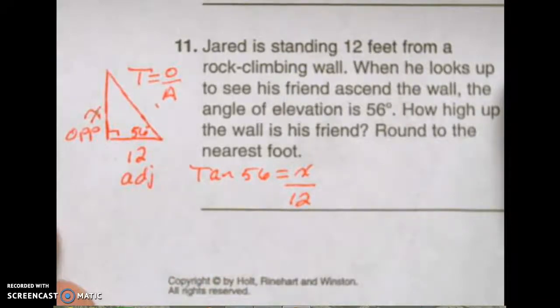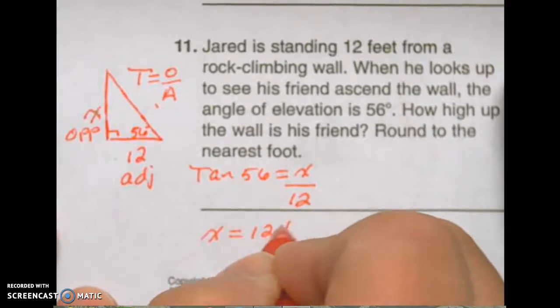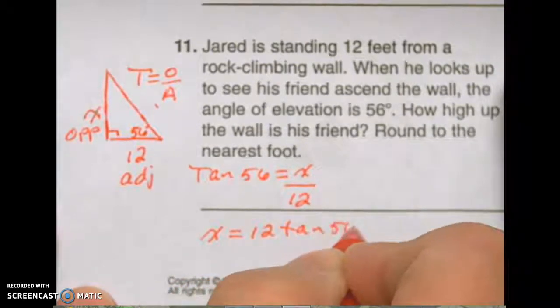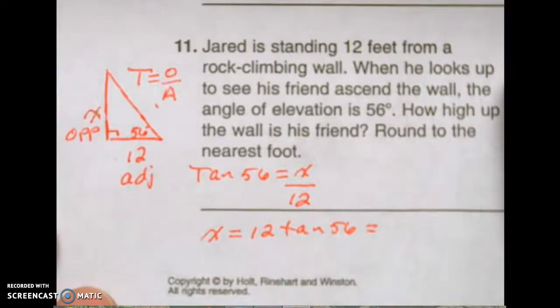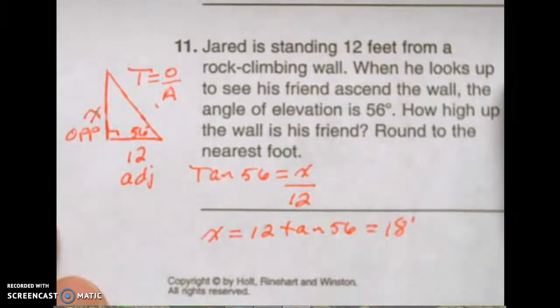In order to solve, I'm just going to cross multiply. So my x will be 12 times the tangent of 56 degrees. And again, that's just a number crunching exercise. 12 tan 56 gives me 17.79, and 17.79 is about 18 feet. So his friend is 18 feet up the wall.